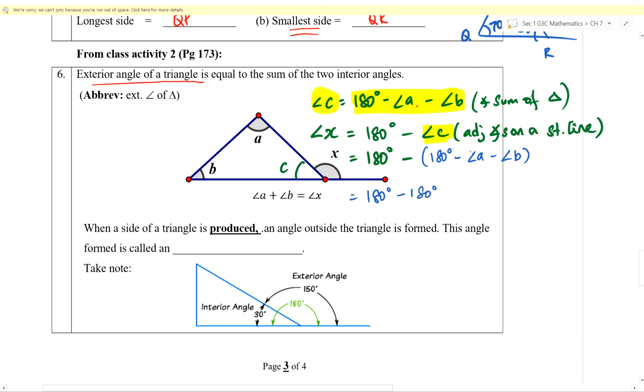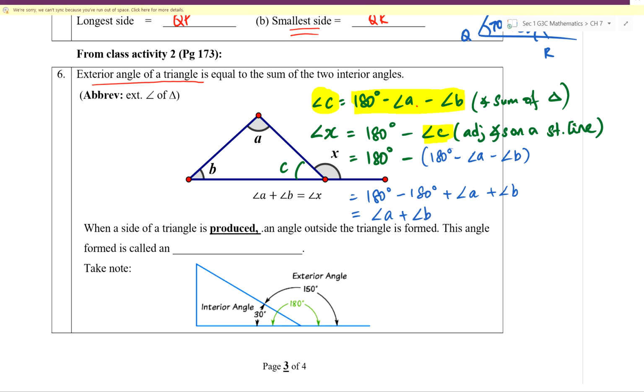Negative angle A times a negative becomes a positive angle A. Negative angle B, when you remove the bracket with a negative sign outside, becomes positive angle B. Continue simplifying. 180 minus 180, that's nothing. We're left with angle A plus angle B. And here we have the conclusion.